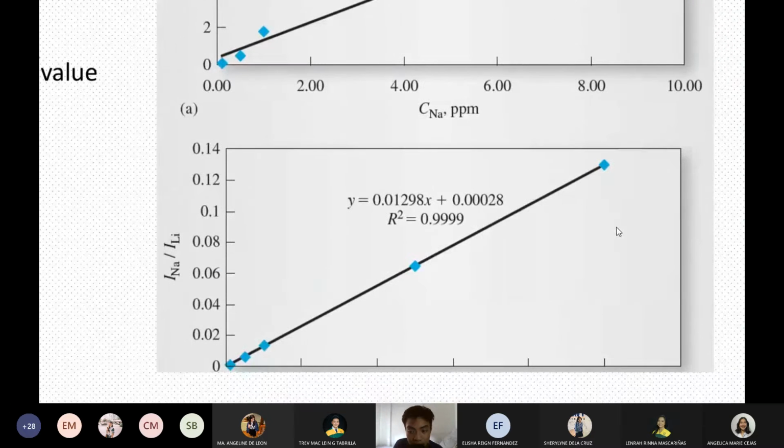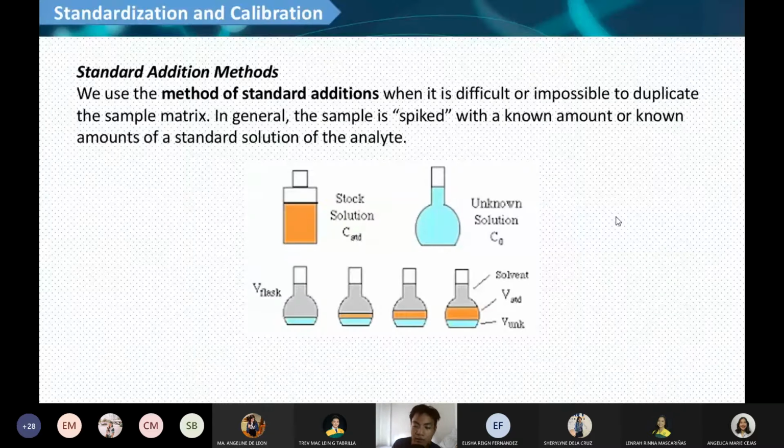And the last technique for determining the concentration of our analyte in the solution is called the standard addition. So standard addition, from the word standard meaning known concentration, addition, ibig sabihin idadagdag mo siya.